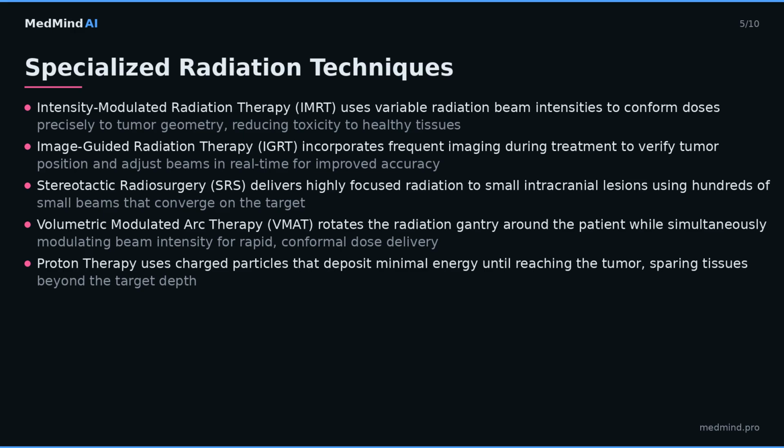Stereotactic radiosurgery, SRS, delivers highly focused radiation to small intracranial lesions using hundreds of small beams that converge on the target. Volumetric modulated arc therapy, VMAT, rotates the radiation gantry around the patient while simultaneously modulating beam intensity for rapid, conformal dose delivery.